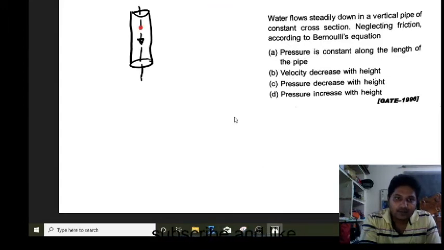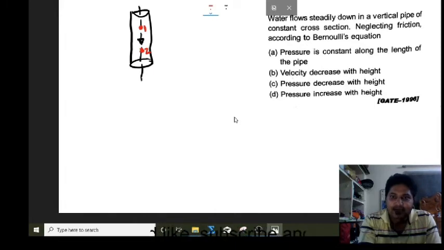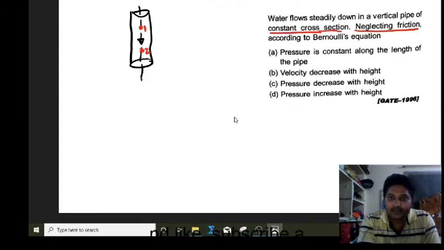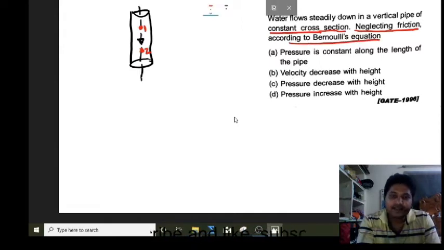Suppose this is point 1 and this is point 2. It says we are neglecting the friction and the cross-sectional area of the pipe is constant. So based upon the Bernoulli equation, what is the variation of pressure and velocity?